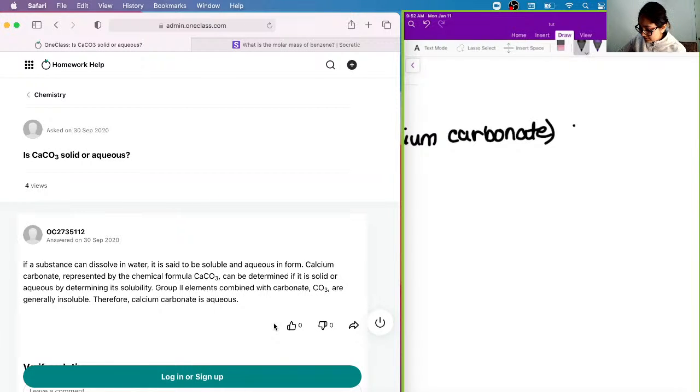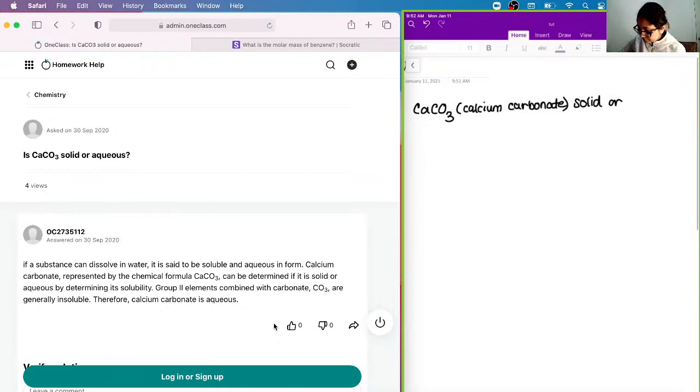Solid or aqueous? Okay, so basically, if a substance can dissolve in water, it is said to be soluble and aqueous in form.